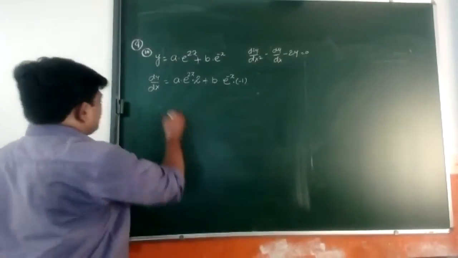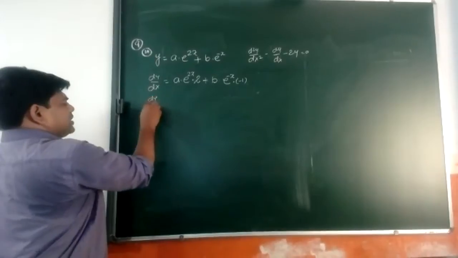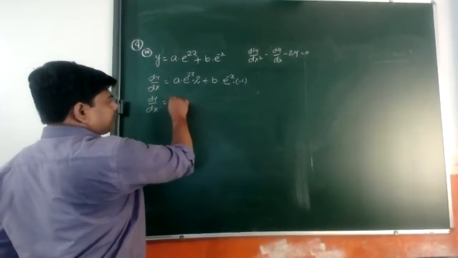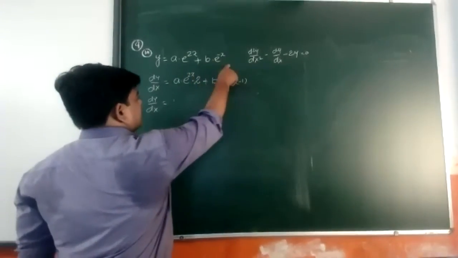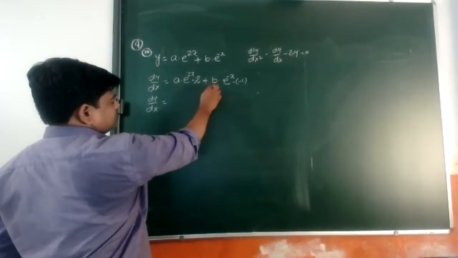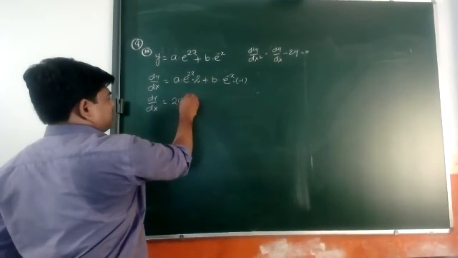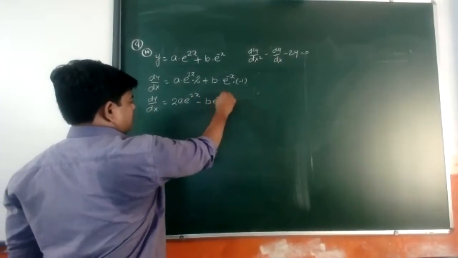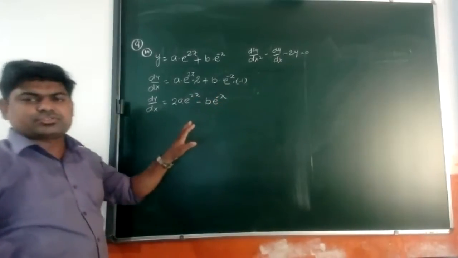Now, dy by dx is equal to, if we want to write this, like that we are writing a to the power 2x minus b to the power minus x. Listen to me very carefully what I want to say.